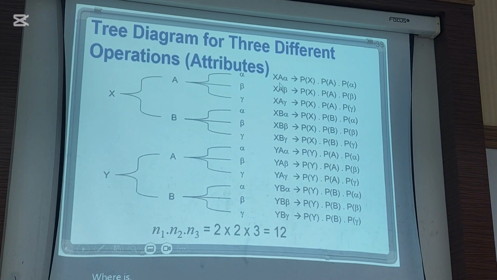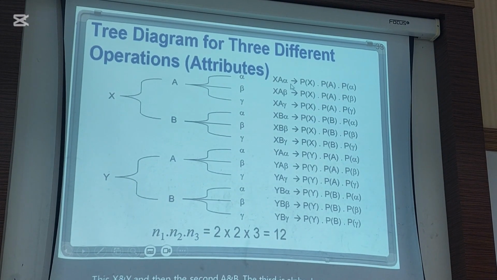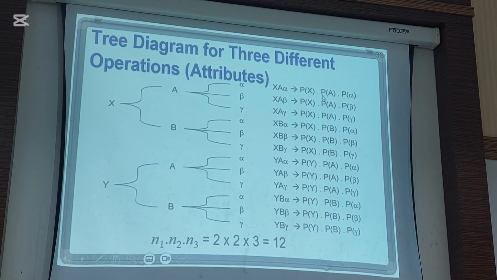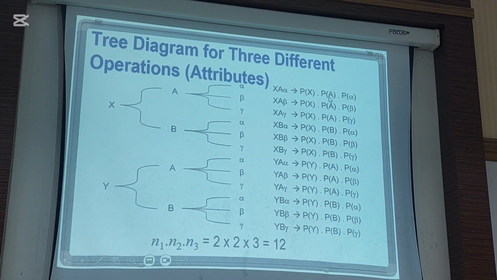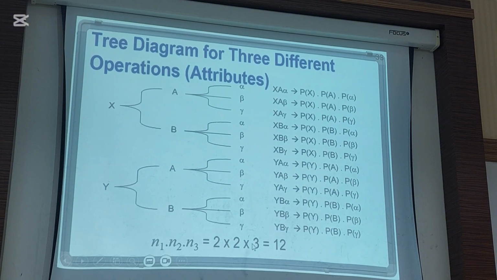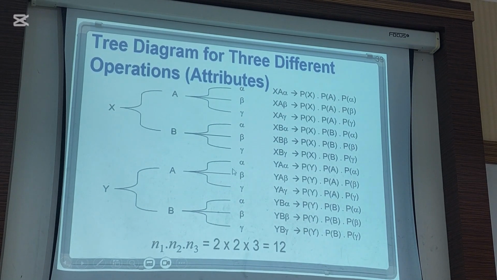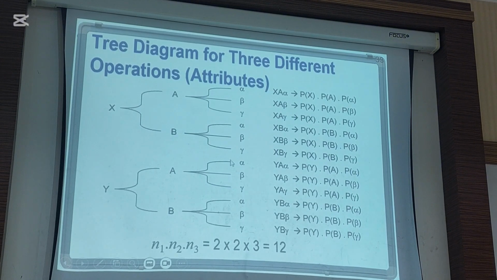So for X alpha, the probability is probability X multiplied with probability A multiplied with probability alpha. This is the way we can have an operation, and this is 2 plus 3 plus 3. Until now, this is okay. Are you with me?